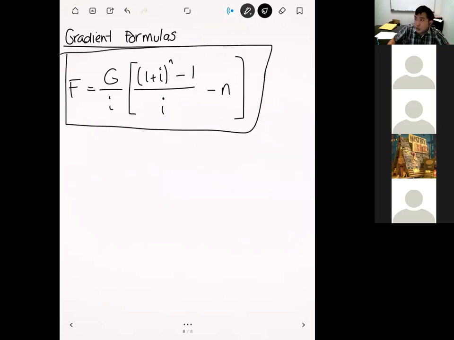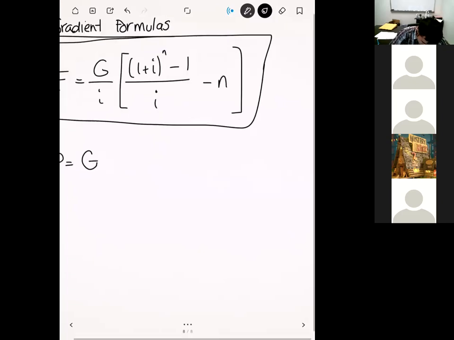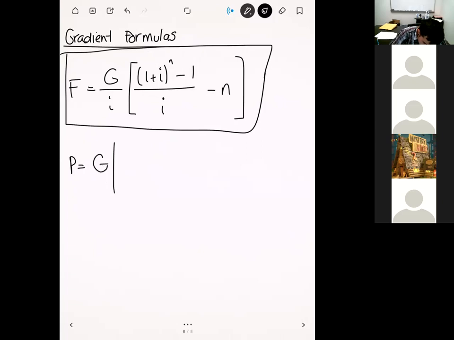You can use that formula to convert between a future sum and a gradient. Next, let's get a formula that converts between P and G. This one's a little bit gnarly.